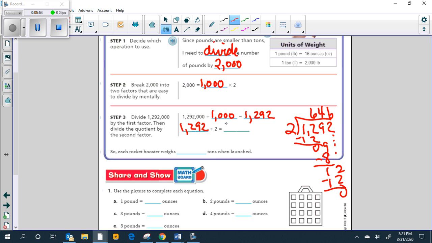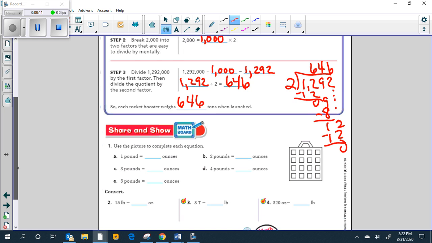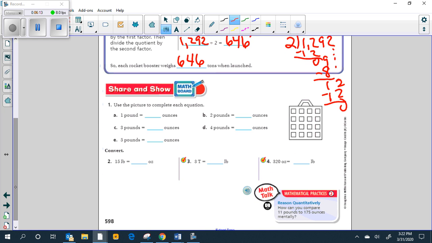So there are 646 groups here, tons, excuse me. So each rocket booster weighs 646 tons when launched. Go ahead and pause the video and practice on share and show number 1.